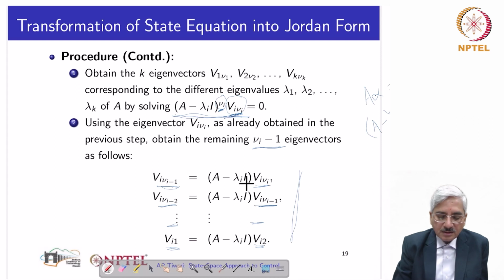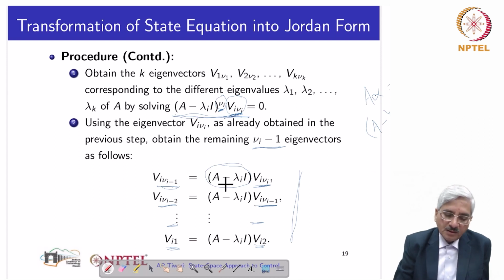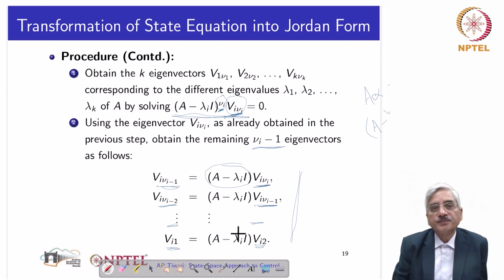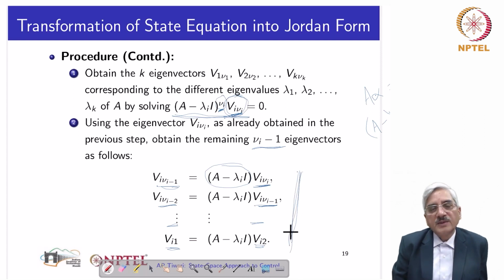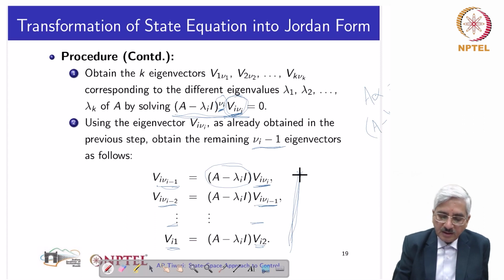You can see each one is obtained by pre-multiplying the eigenvector with A minus lambda I. Of course, this happens only when Vi nu i is carefully selected; then only we get all the eigenvectors in the chain. If somehow this chain doesn't get completed, then we have to redo it by selecting a different Vi nu i which satisfies this equation.